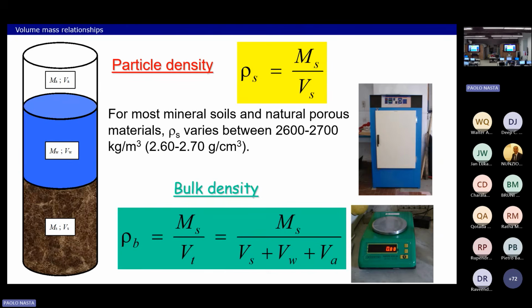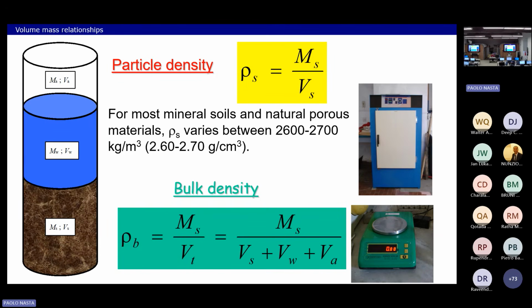It's very easy to measure bulk density directly, because you just have to go to the field, collect your soil sample with a metal cylinder, take it to the lab, and put it in the oven at 105 degrees Celsius for at least 24 to 48 hours, so basically a couple of days.